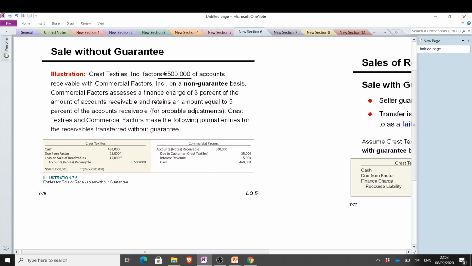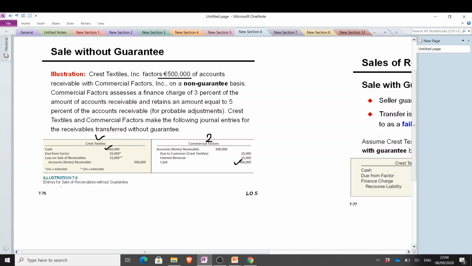So you look at these two journal entries. The first one is Crash Textile. The second one is Commercial Factors. The seller will receive money, and the commercial factor will pay some cash.